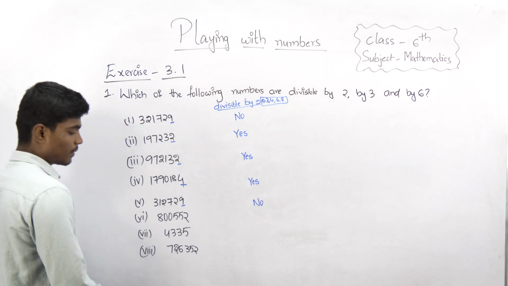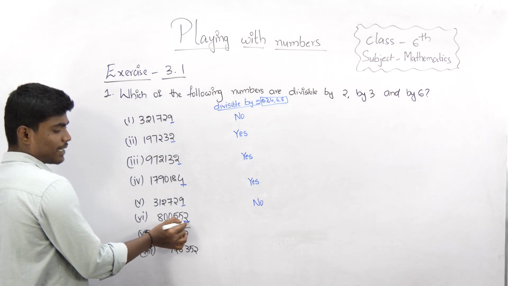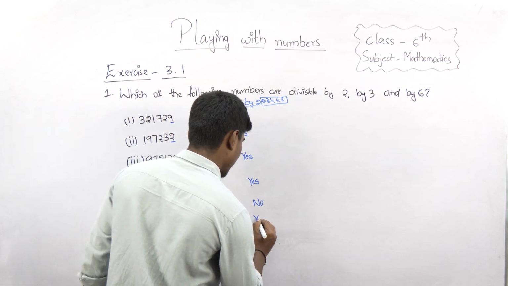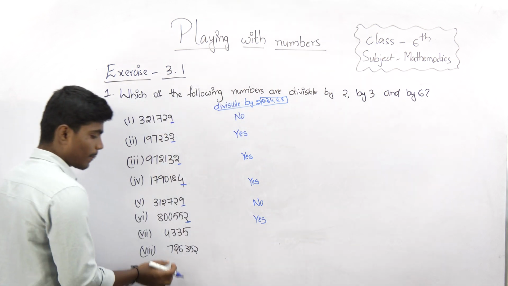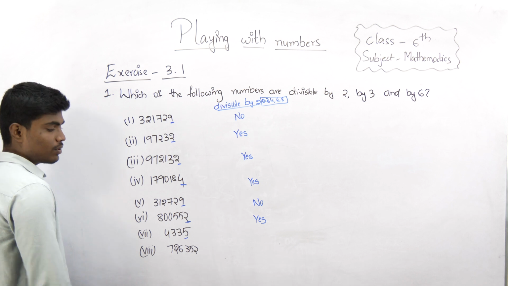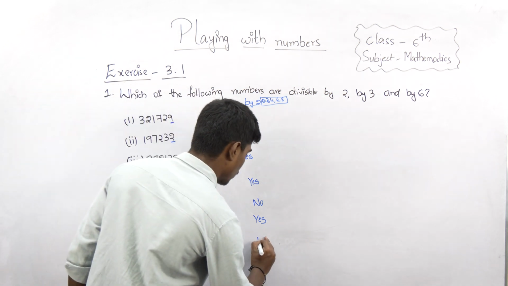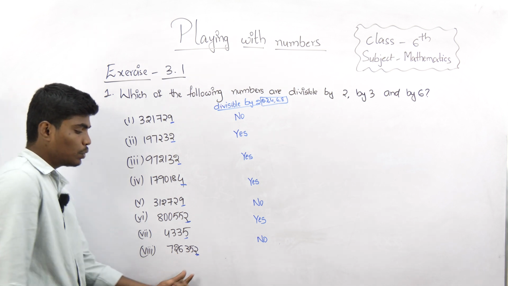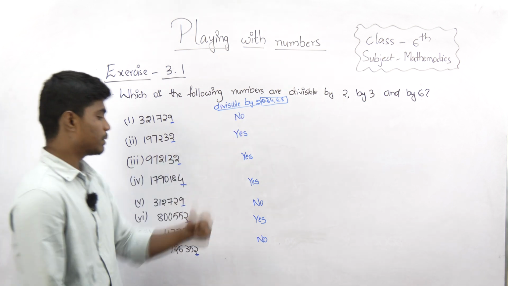Sixth, in the ones place we have 2, so yes. Here in the ones place we have 5, so no. In the eighth one, the ones place is 2, so yes.